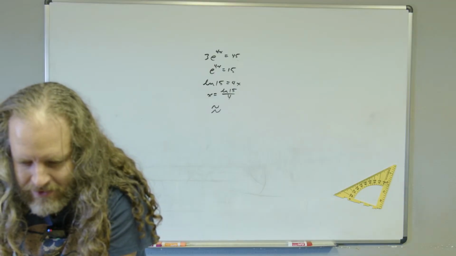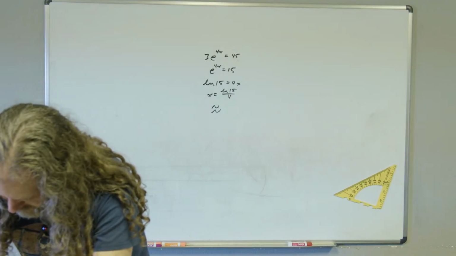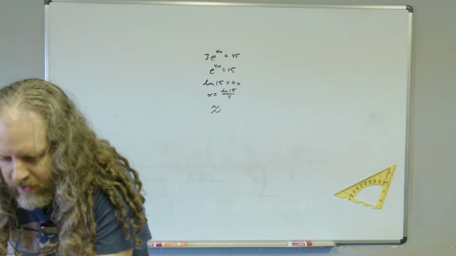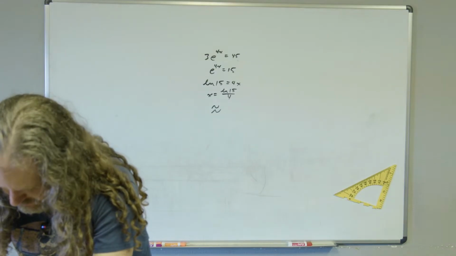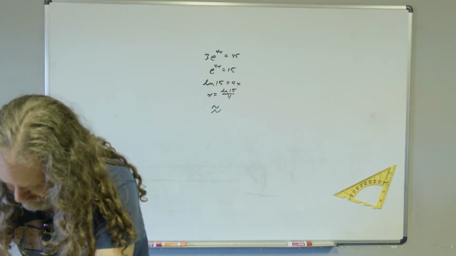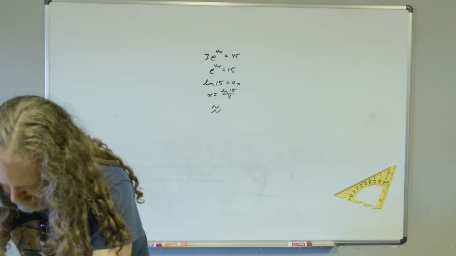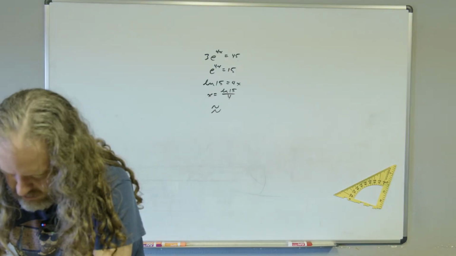Okay. 1 through 8: 1, 2, 3, 4, 5, 6, 7, 8. And then 3, 5, 7, 8, 13, 16, 19, 20.